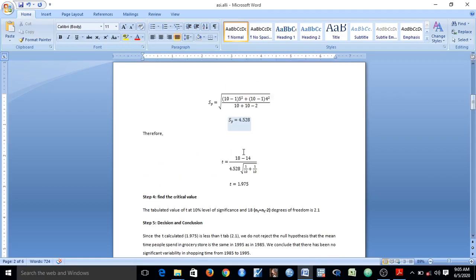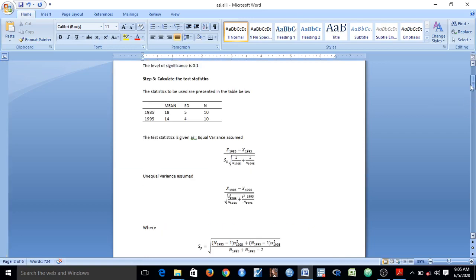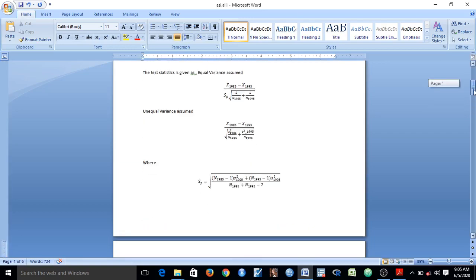Then from there we can calculate our test statistic. The numerator is the difference between the means, so we have 18 minus 14. 18 is for the first group, 1985, and 14 is for 1995.